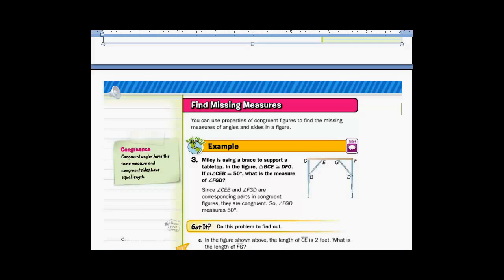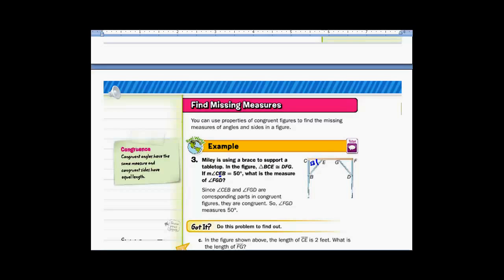If CEB is 50 degrees, so that's saying CEB, so this angle right here. Remember, whenever you name an angle, the one in the middle is its vertex. So CEB is 50 degrees. Because I know in the past people have said, okay, they say CEB, but which one do they actually mean? They're talking about the angle of the letter that's in the middle.